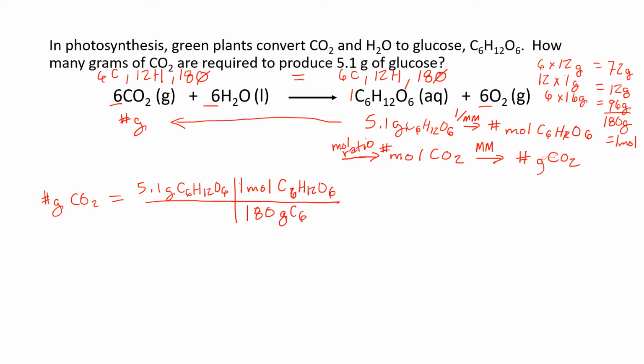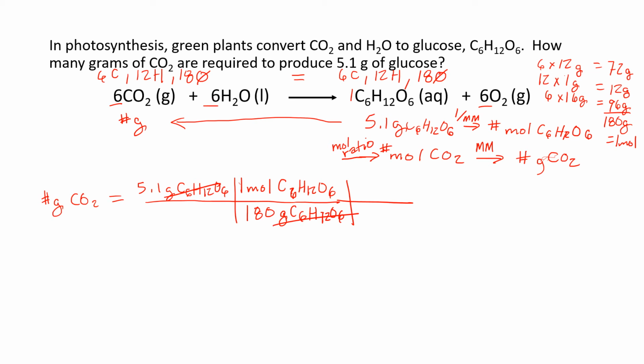All right, so here we go. This is how it sets up, guys. So the grams of glucose cancels. Remember, when the units are diagonal to one another, you cancel them out. Now I'm in moles of glucose.